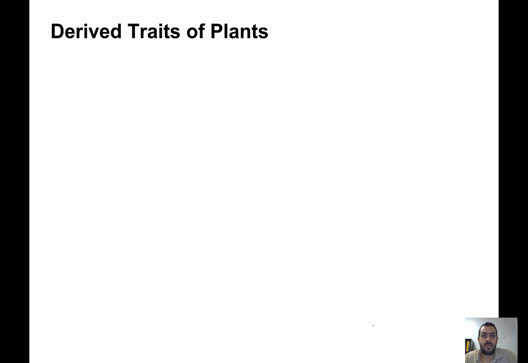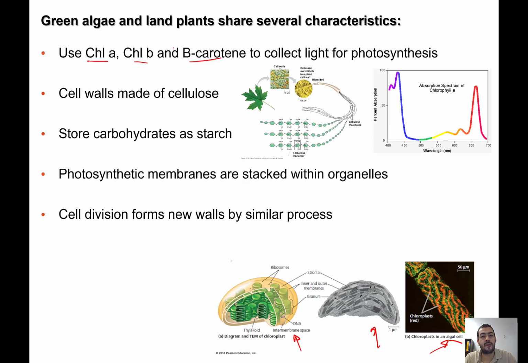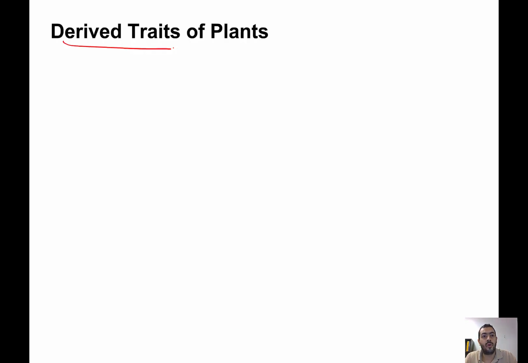However, land plants, through the process of evolution, have evolved what we call derived traits. So they have evolved certain traits that are unique for plants, which are not present in the green algae. So the previous slide highlights the traits that are common between plants and green algae, while this slide highlights the traits that are present in plants but not in green algae.